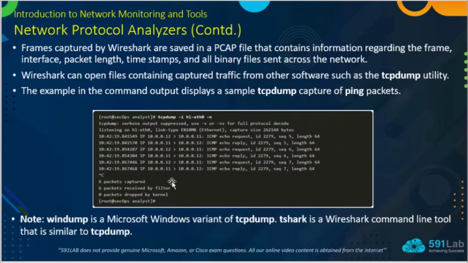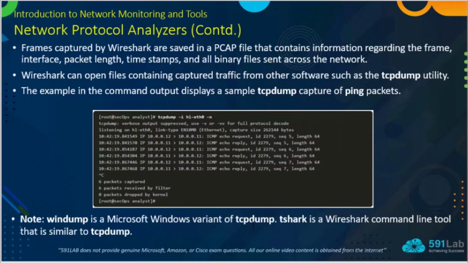The example here shows tcpdump. tcpdump is an open source utility pre-installed in Linux and Mac OS, but not in Windows. WinDump is the Microsoft Windows variant of tcpdump, so we don't have tcpdump for Windows.